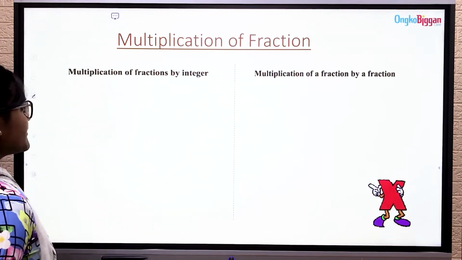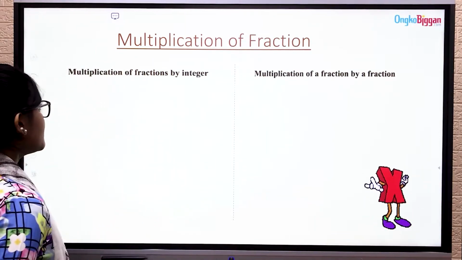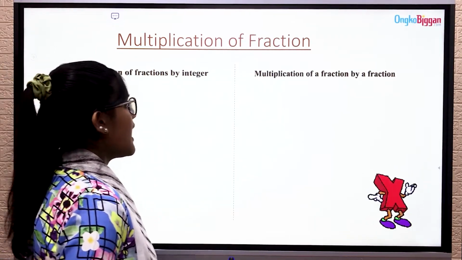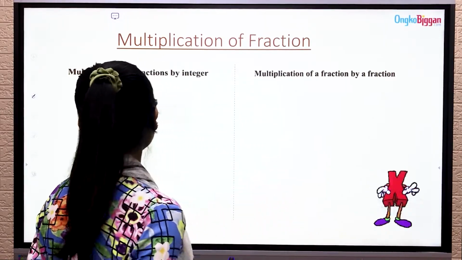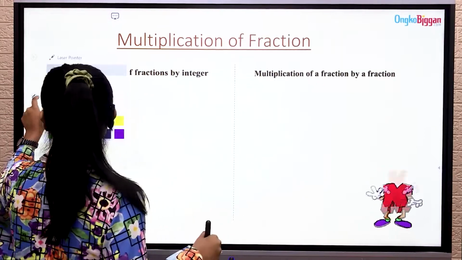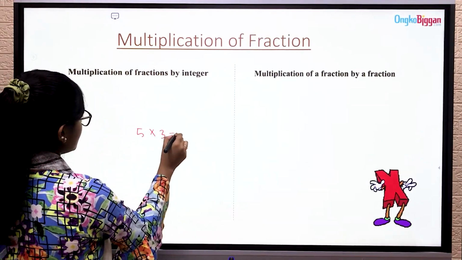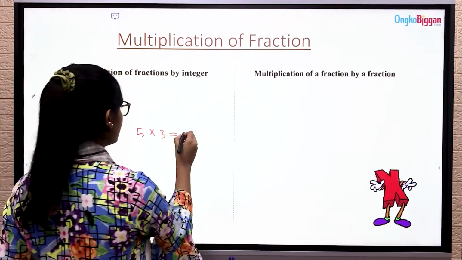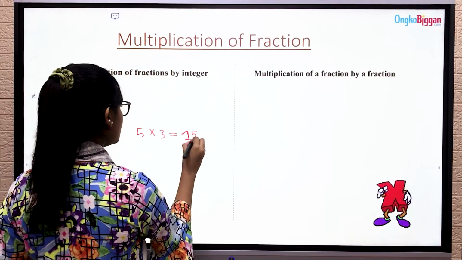Multiplication of fractions can be held under two categories. One is multiplication of a fraction by an integer, and the other is multiplication of a fraction by a fraction. Generally, if we are given 5 into 3, we can directly write 5 into 3 equal to 15.